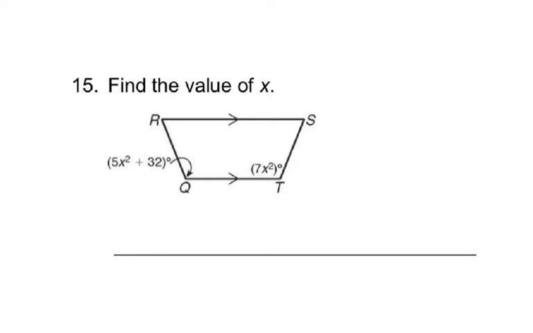On this one, the only thing that might worry some people is the squareds, but that's fine. These two angles are equal to each other. So 5x squared plus 32 equals 7x squared. And we do this problem like the squareds weren't there first. Minus 5x squared. The squareds are only a problem at the end. Get 2x squared.